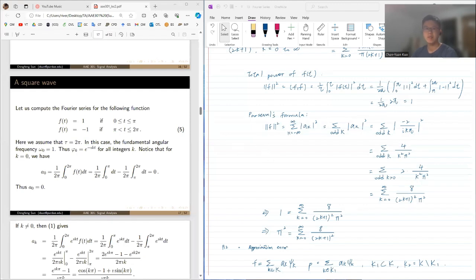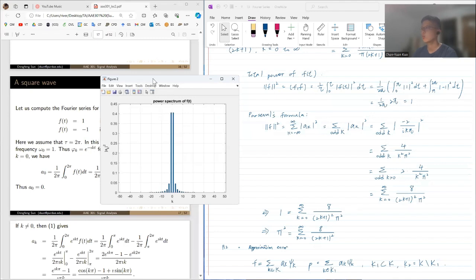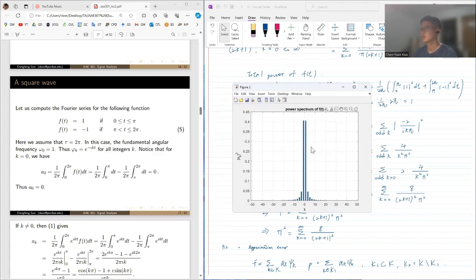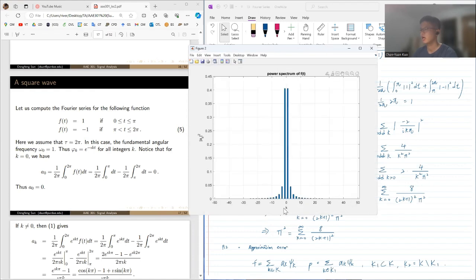Okay, now I'm going to show you the power spectrum of the square wave function. This graph here is the power spectrum of the square wave function f. Again, on the horizontal axis, you have the integer index k, and on the vertical axis, we have the square of the absolute value of the Fourier coefficient ak.